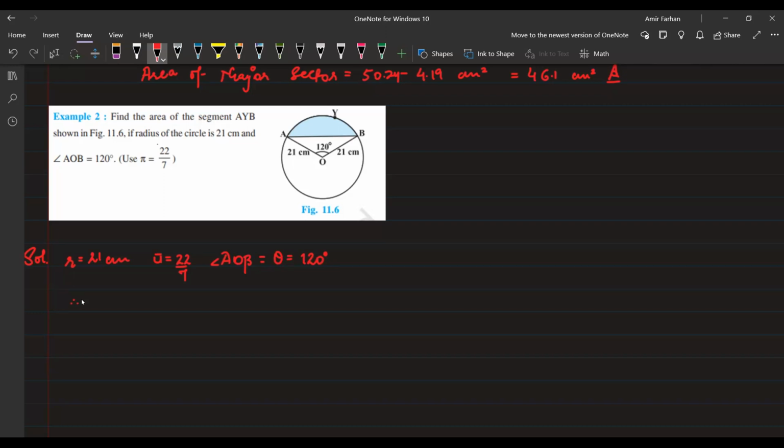So area of minor sector is equals to theta by 360 into pi r square.